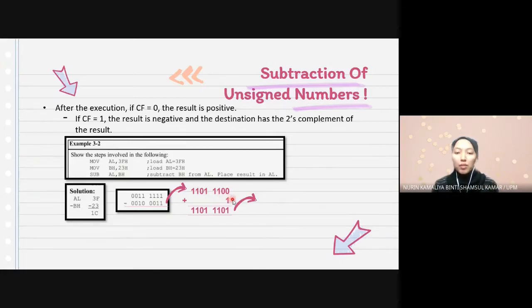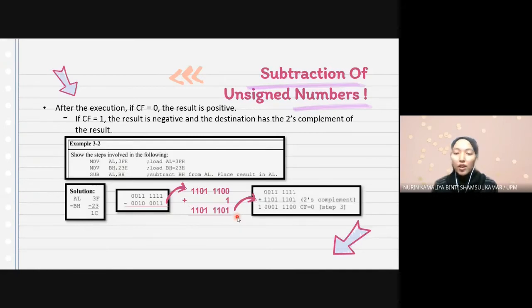After that, we must add 1 and the result becomes 1101 1101. Lastly, we can add it with the new complement, and the result you will get is 100011100 and the carry flag is 0.